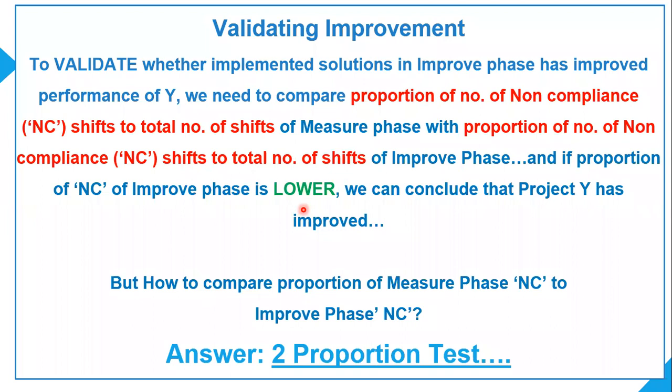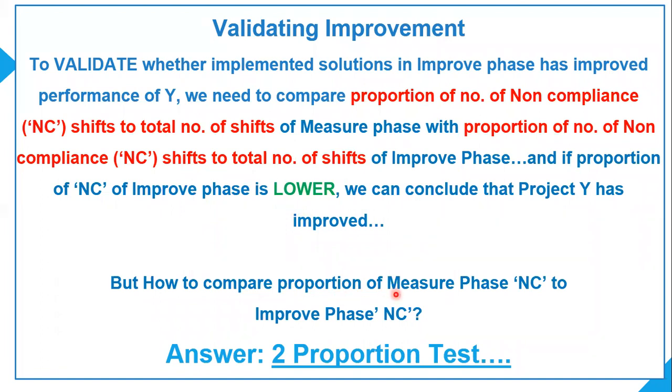So if we see that the proportion of NC of improve phase has lowered significantly from measure phase, in other words, it means we have improved the performance of the project Y. So that's what we need to validate with the statistical test.